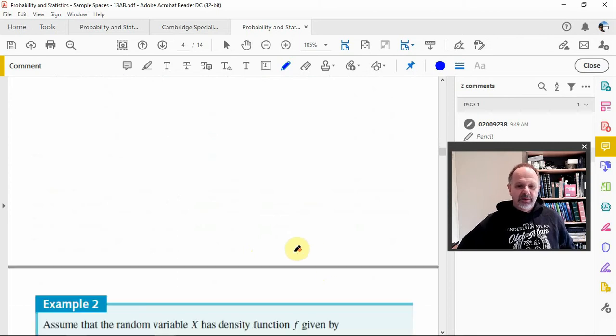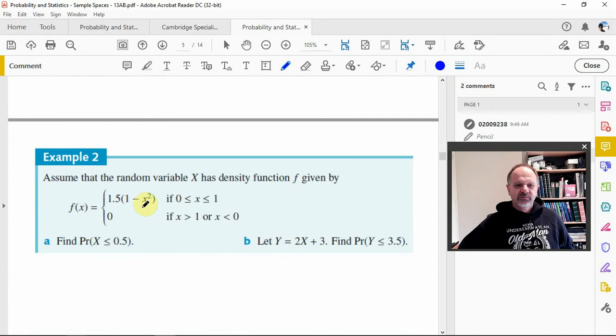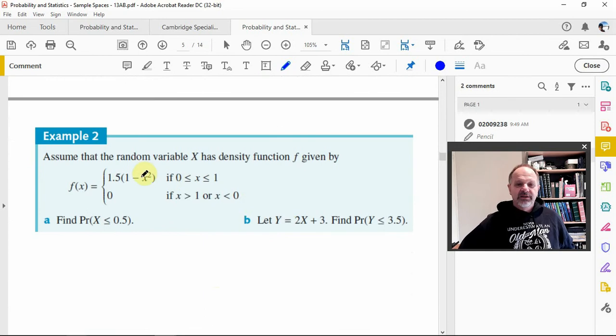Example 2 here. So here's our probability density function. This one has an x squared, so it's a bit of a parabola, and we've got a minus in front, so it's an upside down parabola. We're told that for 0 is less than or equal to x is less than or equal to 1, this is our probability density function.